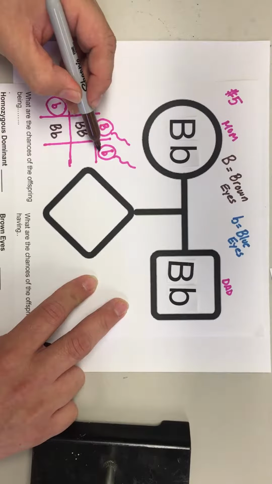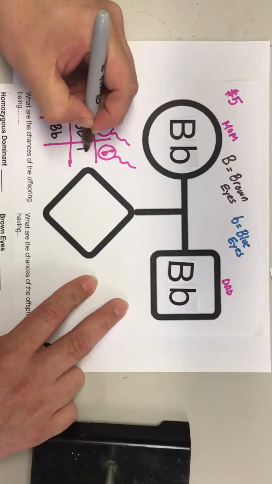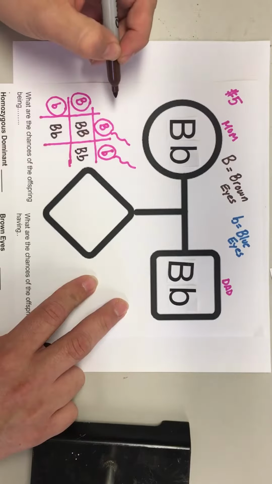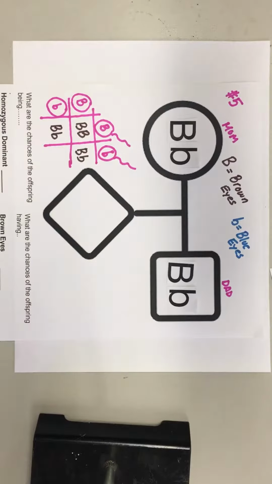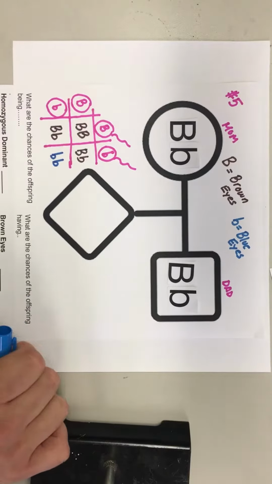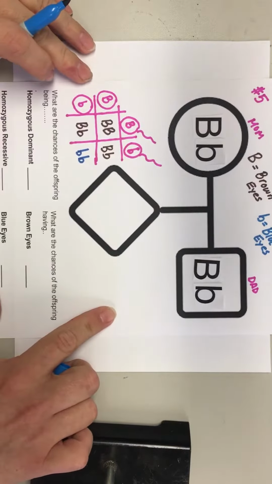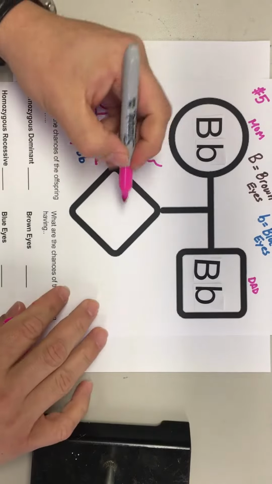If this sperm joins with this egg, then we'll have another heterozygous individual. And if this sperm joins with that egg, we will have a homozygous genotype. And so you can see how our Punnett square organizes our outcomes very nicely.